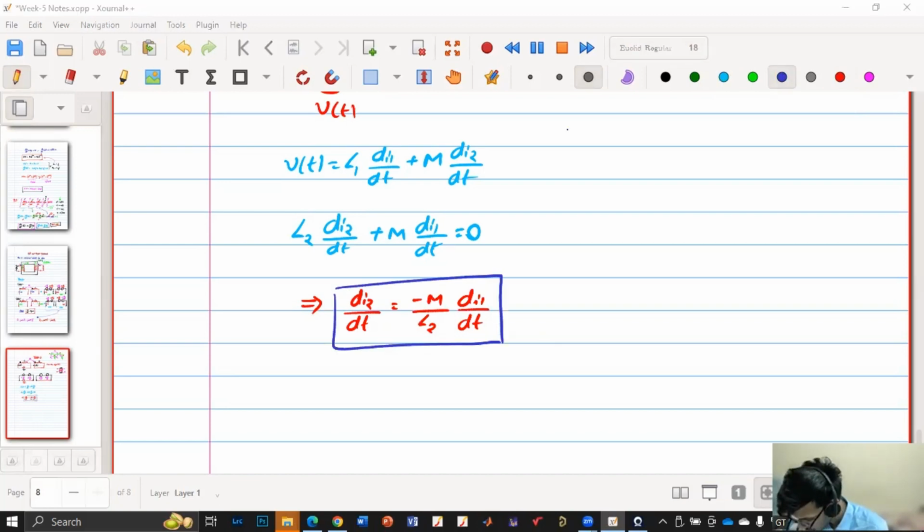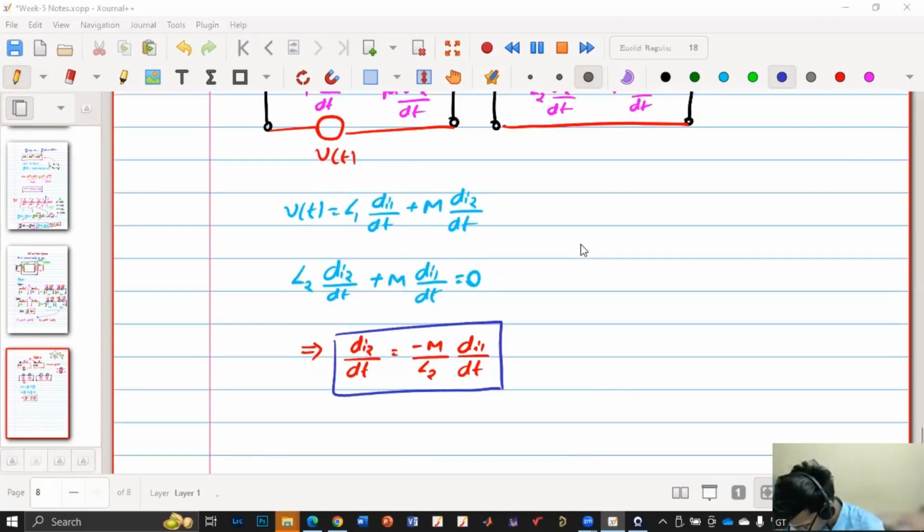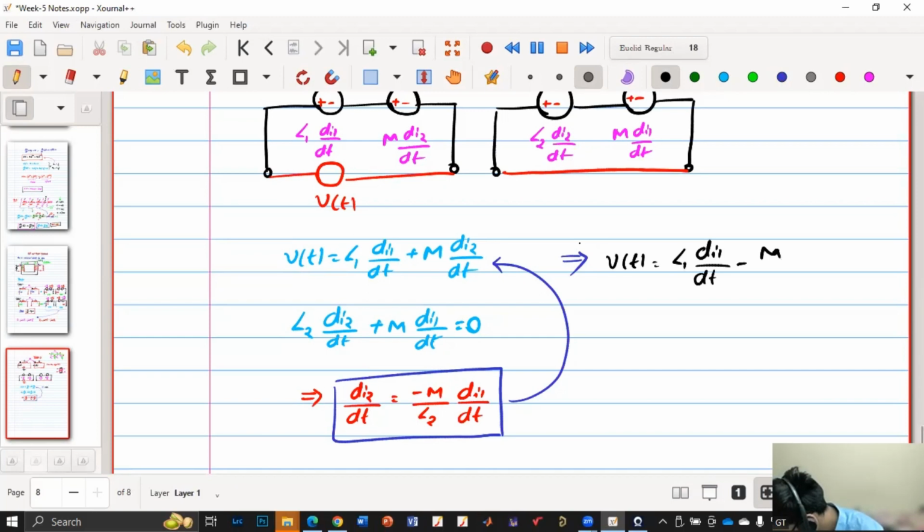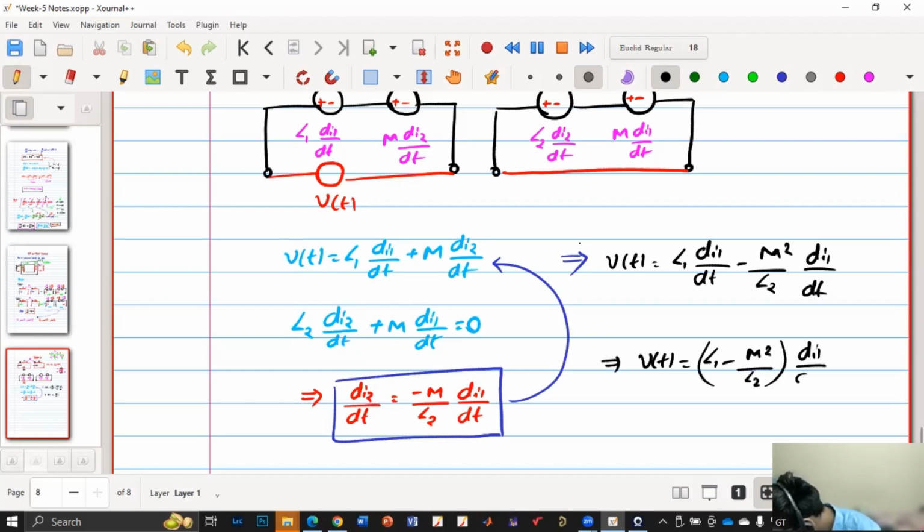Someone mentioned in the chat box it is the same, yes, you are right. Now I'll substitute this here. The net equation is V of t equals L1 di1 by dt minus M square by L2 di1 by dt. So V of t equals L1 minus M square by L2, into di1 by dt.